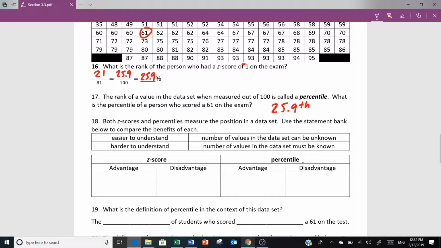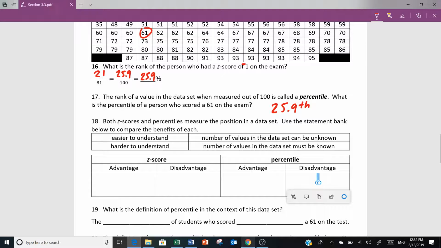Actually, yeah, it's easier to understand. Okay, which is easier to understand, the z-score or the percentile? Z-score. Oh, no, percentile. Really? Subjective. It is okay. If you tell someone, oh, I scored in the 90th percentile, and then you told somebody else, oh, I had a z-score of 2, what are they more likely to understand?